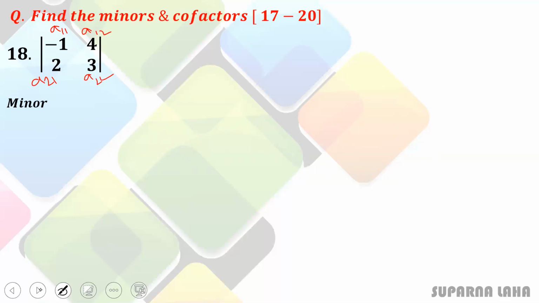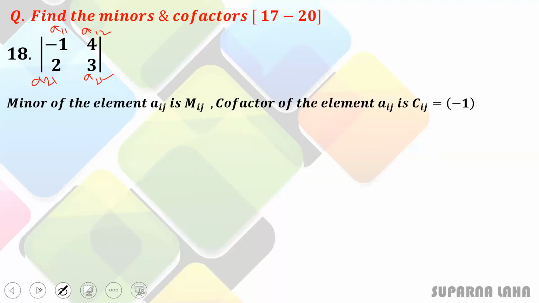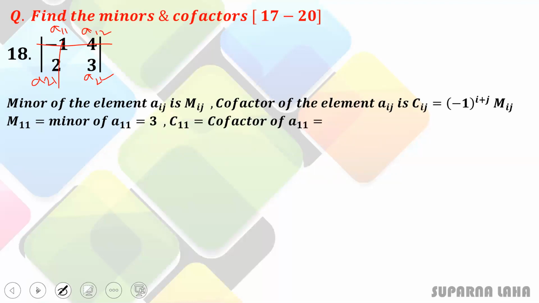Same, write down that you are representing the minors by Mij and the cofactors by Cij. Now, what is the minor for A11? Remove the first row, first column. So the term is 3 and the cofactor is also 3.